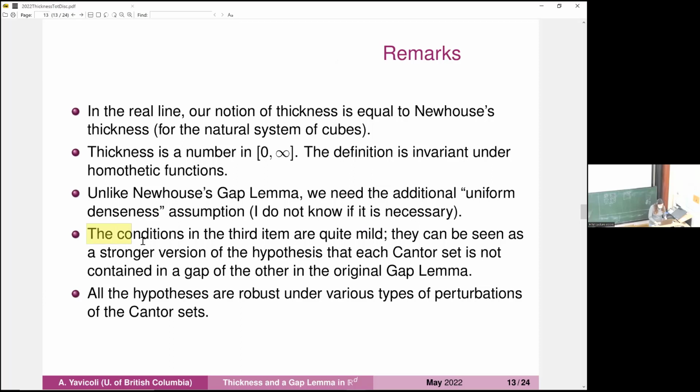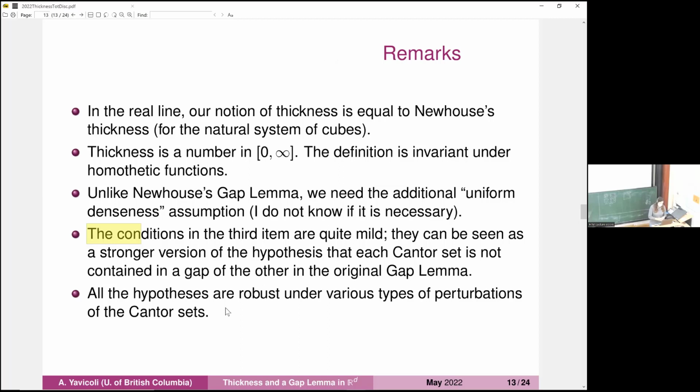As I already told you, the conditions in the third item are quite mild, and they can be seen as a stronger version of the hypothesis that each Cantor set is not contained in the gap of the other one in the original Gap Lemma. And all these hypotheses are robust under perturbations of the Cantor sets.